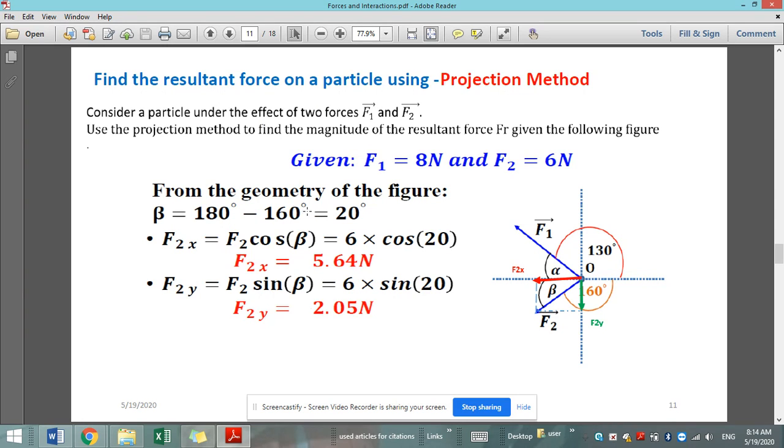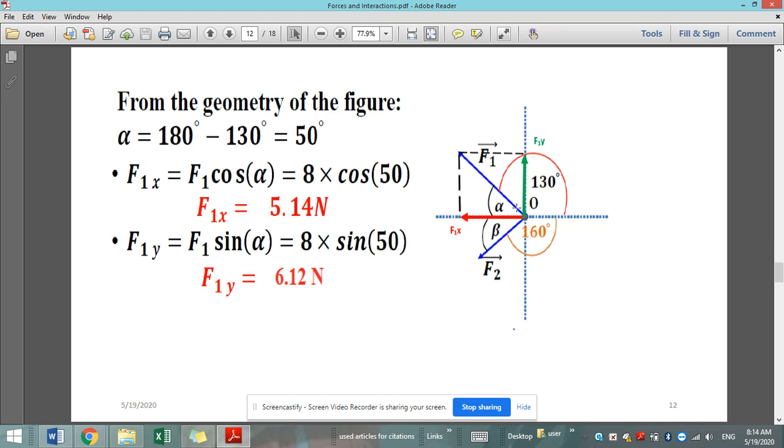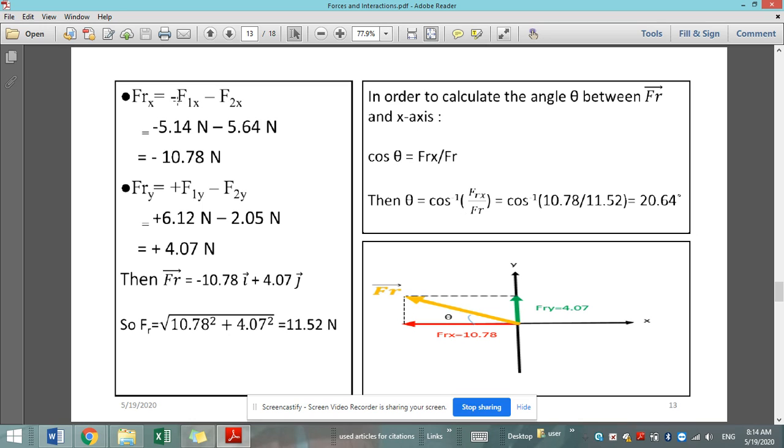As for F2, the x component is in the negative sense. And for F1, also the x component is in the negative direction. This means that when adding these up, we have to write minus F1x minus F2x. Then the resultant force has its x component in the negative direction too.